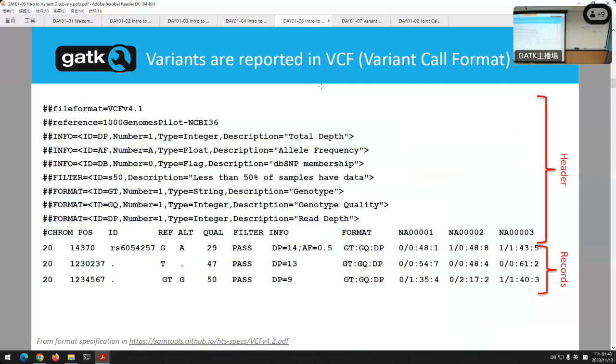A 0/0 is homozygous reference. 0/1 or 1/0 is heterozygous, and a 1/1 is a homozygous variant, as you pull copies of it. So in that first record, NA00003 is 1/1, which means he or she has 2 copies of the A. We'll review this with you and talk through some of this.